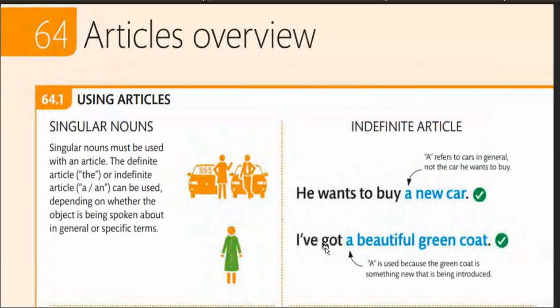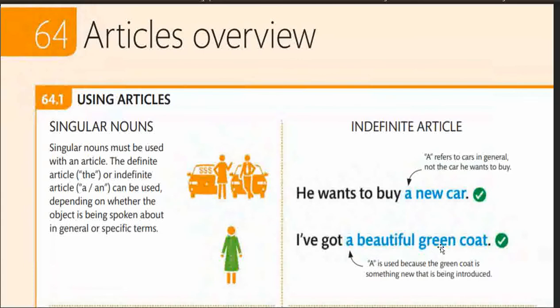I've is apostrophized. It is a contraction over here, so it is read as I have. I've got a beautiful green coat. Over here, a is used before the adjectives and it is meant for a singular or single coat.